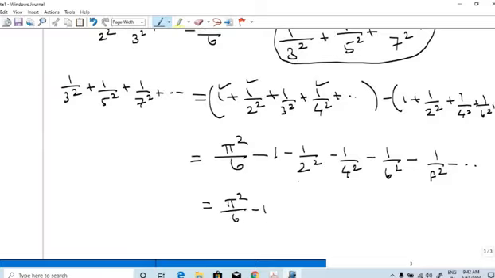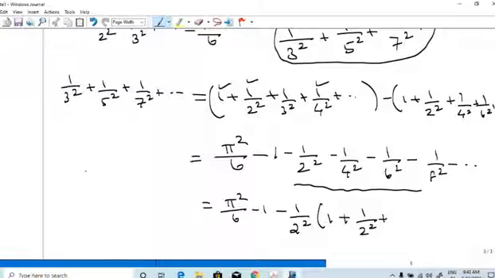Now from all these other terms you take 1 by 2 square outside. Okay, therefore minus 1 by 2 square you can take outside. Therefore we get 1 plus, so 1 by 4 square is actually nothing but 1 by 2 square into 2 square. So if we take 2 square outside, therefore this is 1 by 2 square plus, so actually 1 by 6 square is nothing but 1 by 2 square into 3 square.